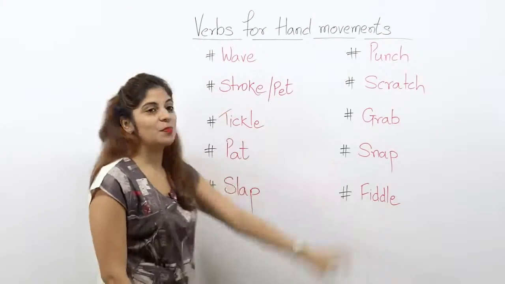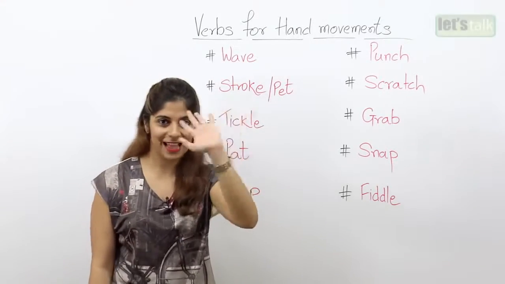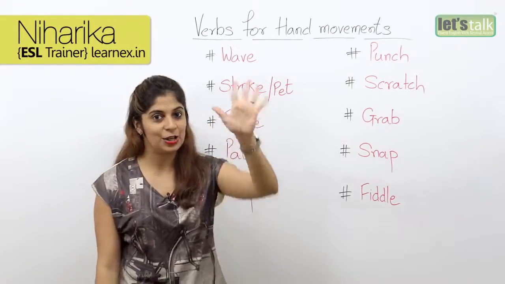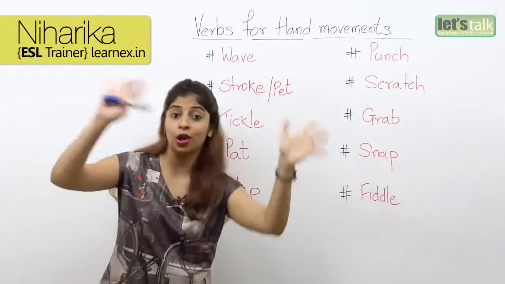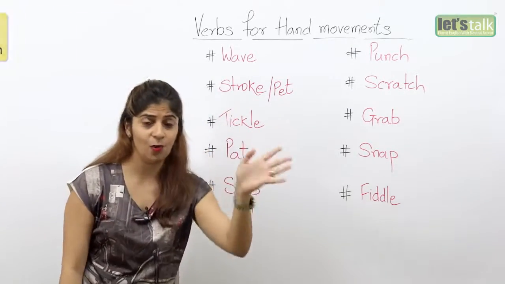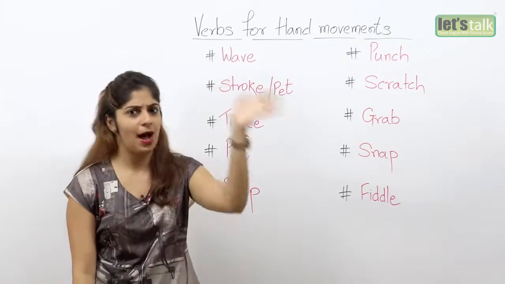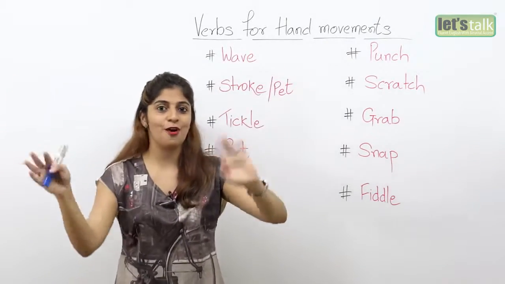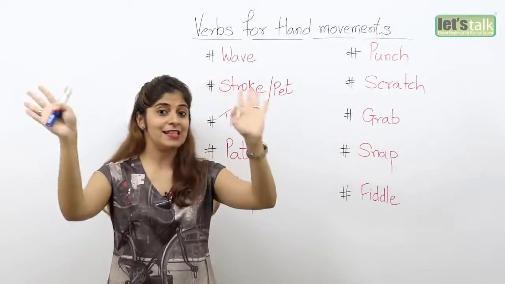The first verb, wave. That's how you wave your hand. So with an open hand, when you move your hand or your hands in the air, either to say hello or hi, or even say bye, or even to grab someone's attention, you wave your hands.